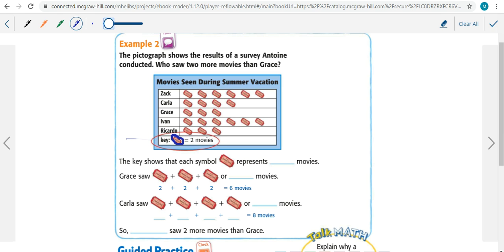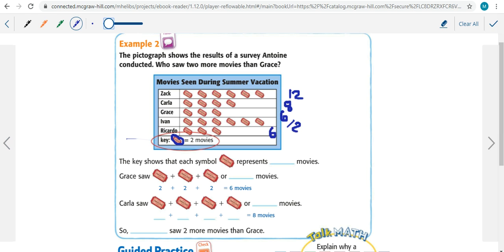Zach saw 2, 4, 6, 8, 10, 12. Carla saw 8, because remember that each ticket is 2 movies. Grace saw 6. Ivan saw 12. And Ricardo saw 6, okay?